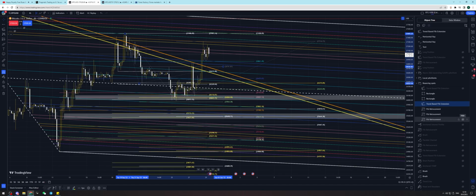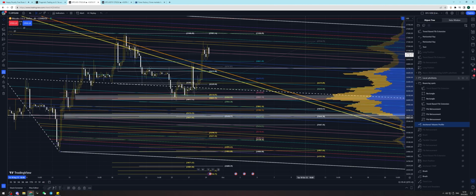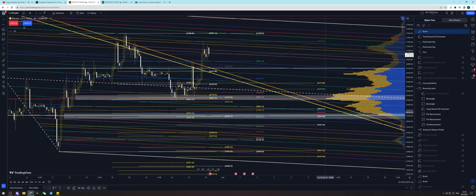So we can see some cool things at this level here. Now my confluence is even stronger, and besides all of these things, we also have the anchored volume profile, whose value area low is in the same area. So we have four different fib pools meeting each other in this zone here.